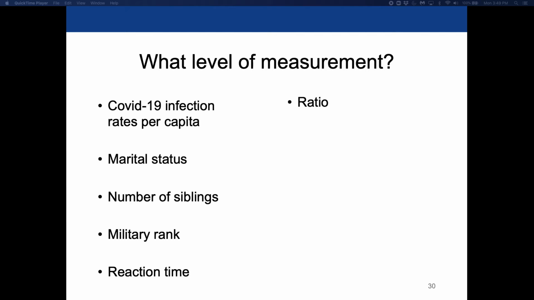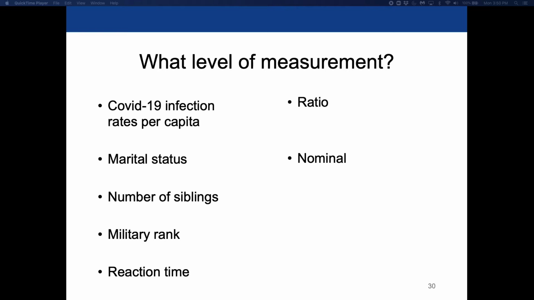Is there a logical order for marital status? No. It's not that single is above married or below divorced. There's no logical ordering to marital status. So we just have the named groups that people can belong to. And these would be mutually exclusive groups. So we have nominal. We would measure them as mutually exclusive groups.